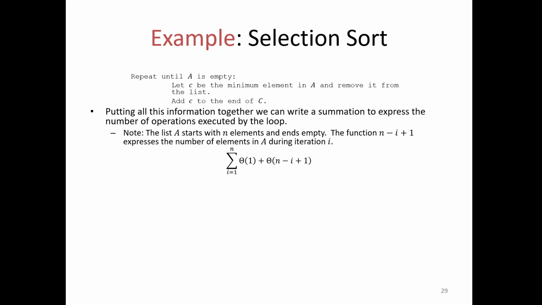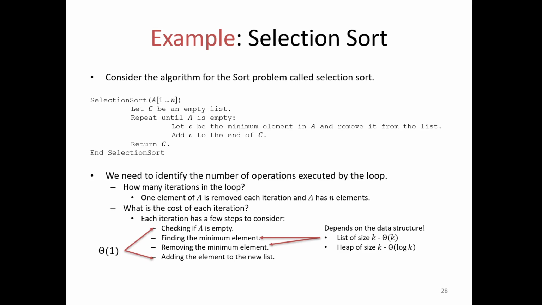All right, so let's again here for the moment assume that we are working with a list. In this case, we decided that the cost of finding and removing the minimum element, as we stated here, for a list of size k, would be big theta of k.